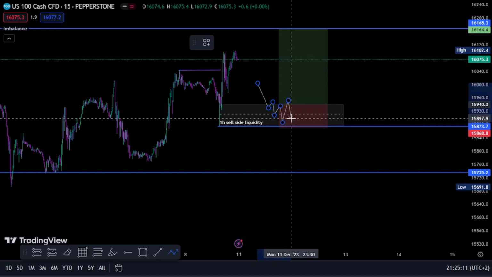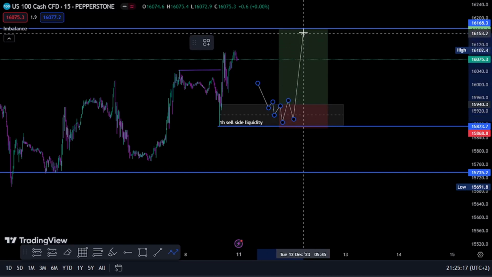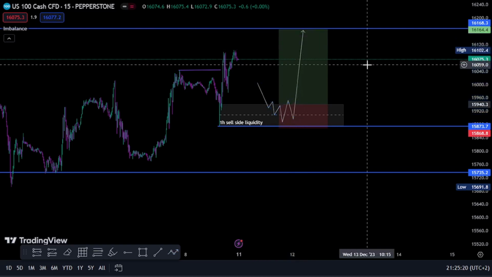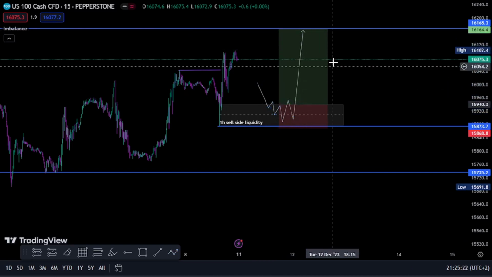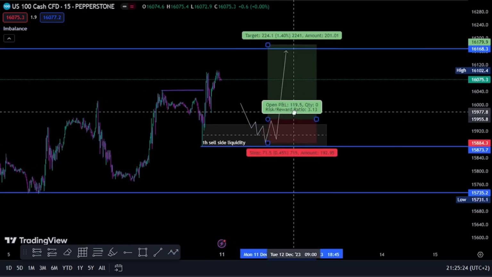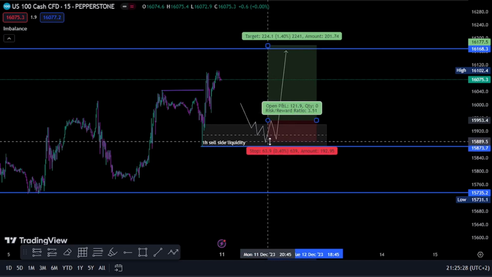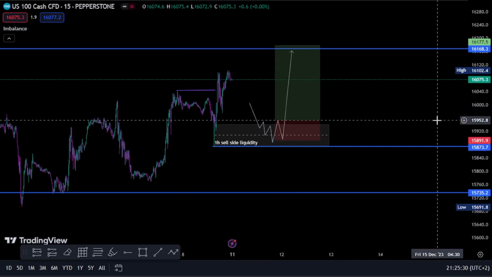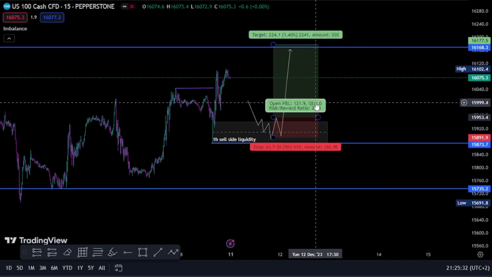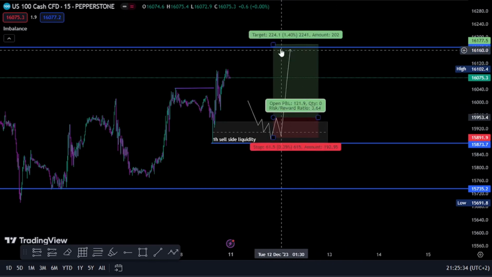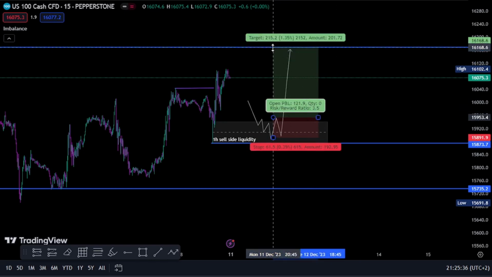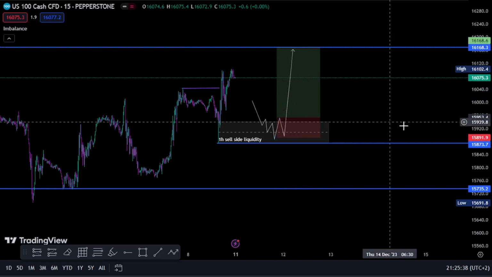And then when it comes to the fair value gap or the order block, that's when I will enter and take the ride. In that way, it will increase my risk to reward, and then I'll put my TP here.